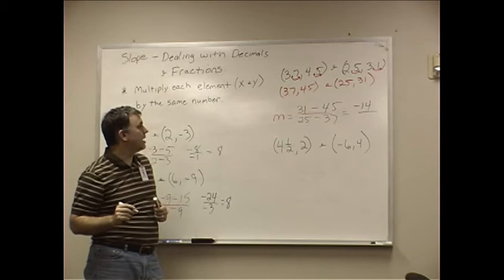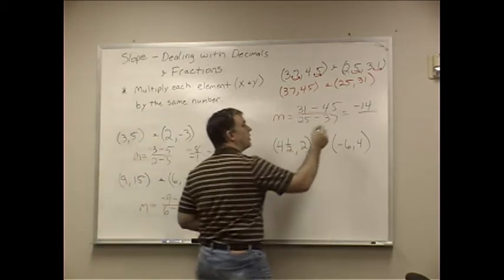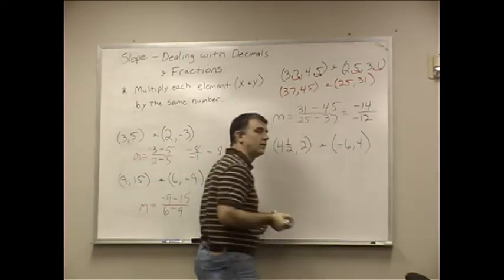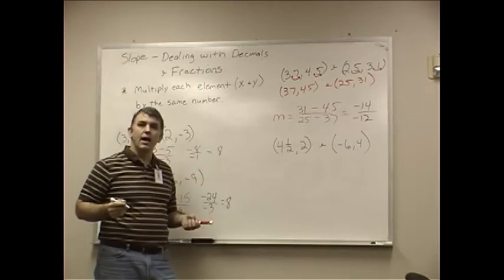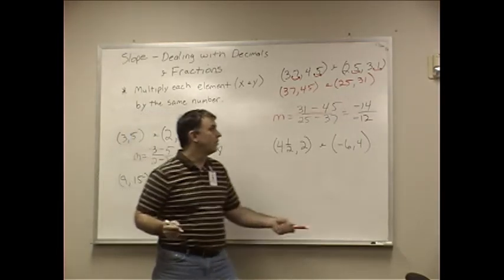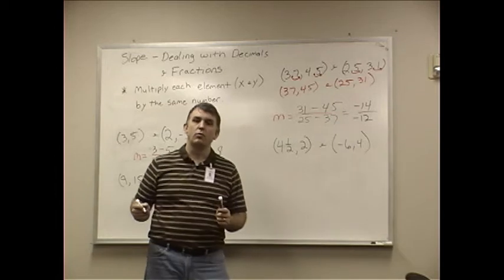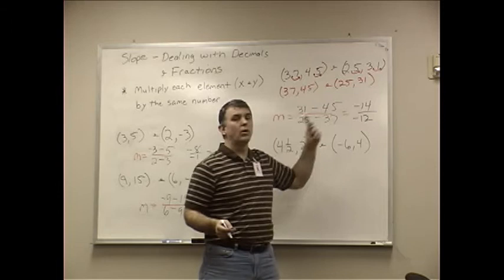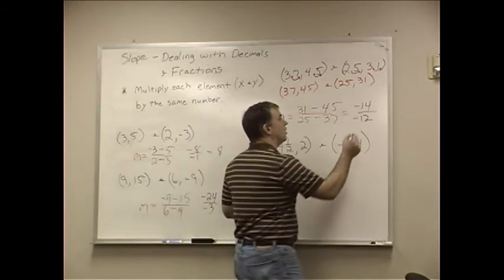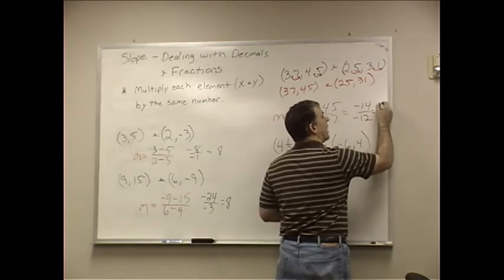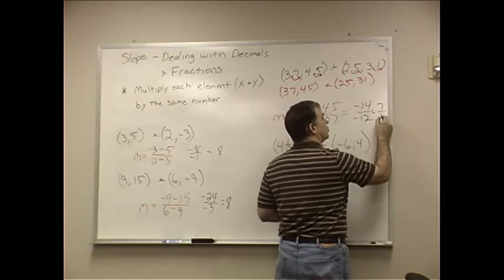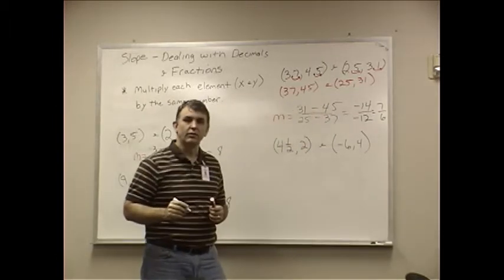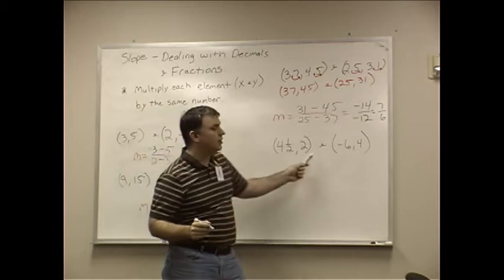And 25 and -37, when you put them together, that's -12. A negative divided by a negative is a positive. 14 over 12. It's an improper fraction, that's okay, but this also can be simplified. You can divide a 2 out of the top and out of the bottom, and you should end up getting 7 over 6 there.